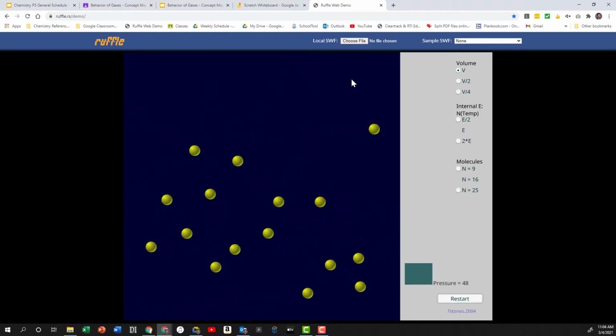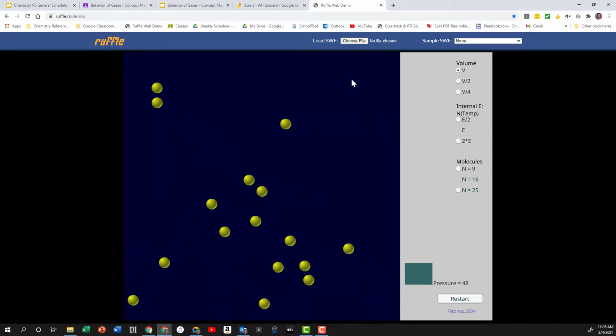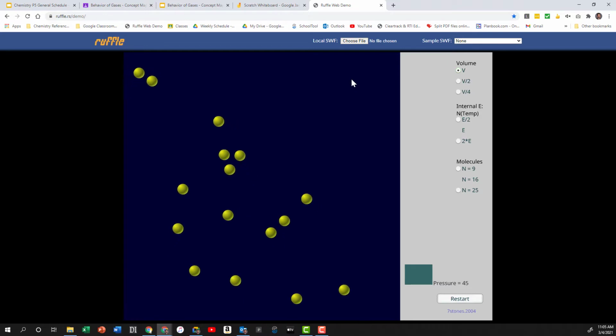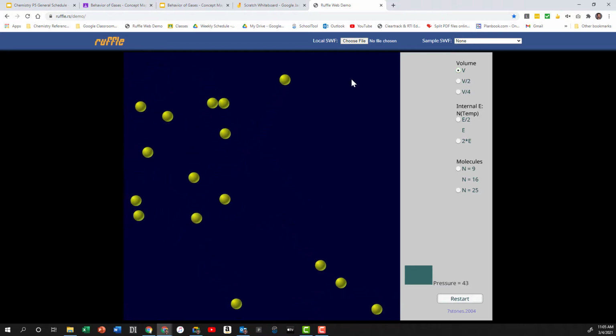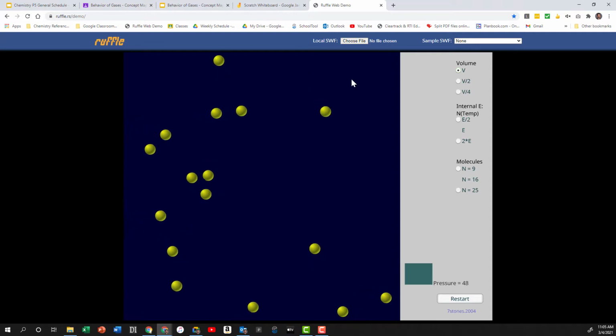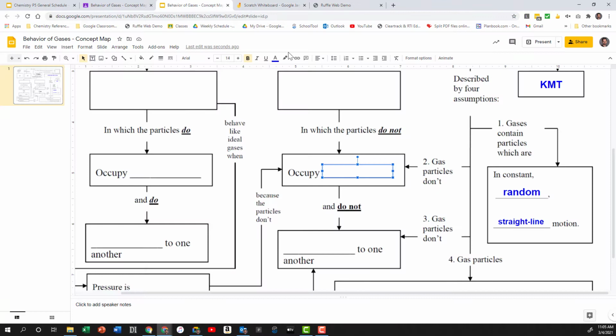Unlike a solid, where the particles would be packed right next to each other and fill up the container. But for a gas, the particles are very far away from each other compared to their size. All right, so we say that gas particles don't take up space. They don't occupy space or volume. You could say occupy space or occupy volume.